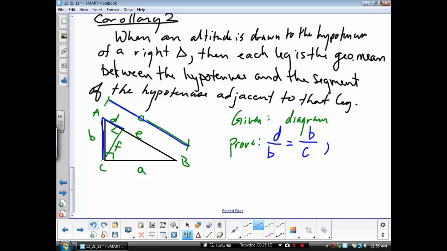The second thing we're proving, let's focus on A now. A is the other leg. A is a geometric mean between the whole hypotenuse and the piece that's adjacent to it. So A is a geometric mean between the whole hypotenuse, and what's the piece of the hypotenuse adjacent to A?